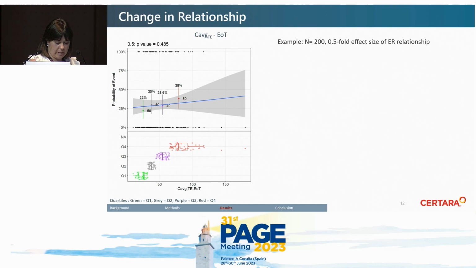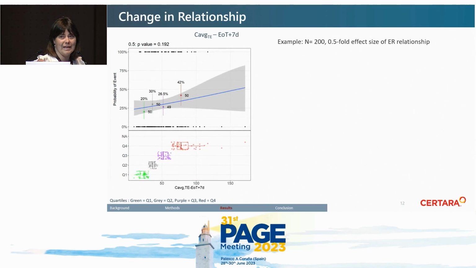I'm going to go slowly and a few times backwards and forwards through these animations to show you. So one of the things that I want you to look at is the first quarter here, the green and the red group, and the shape of the slope of the model fit. So now we're adding 7 days to the end of treatment time.